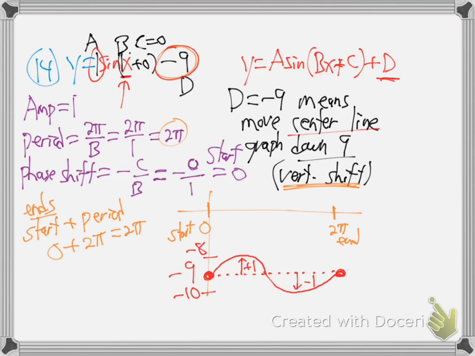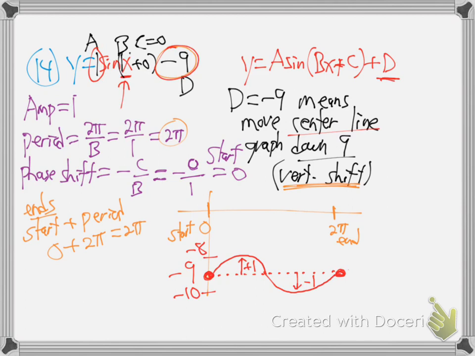Is that making good sense for you? So basically it moves the midline. You want to create a new dotted axis line at whatever the D is. So whatever D is, that's your new dotted axis line, down at minus 9. It goes 1 above it and 1 below it for that dotted line. Questions I can answer?